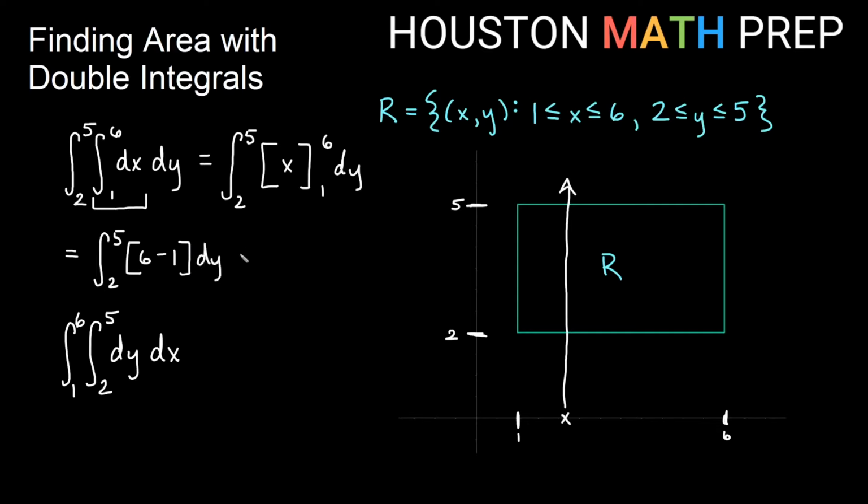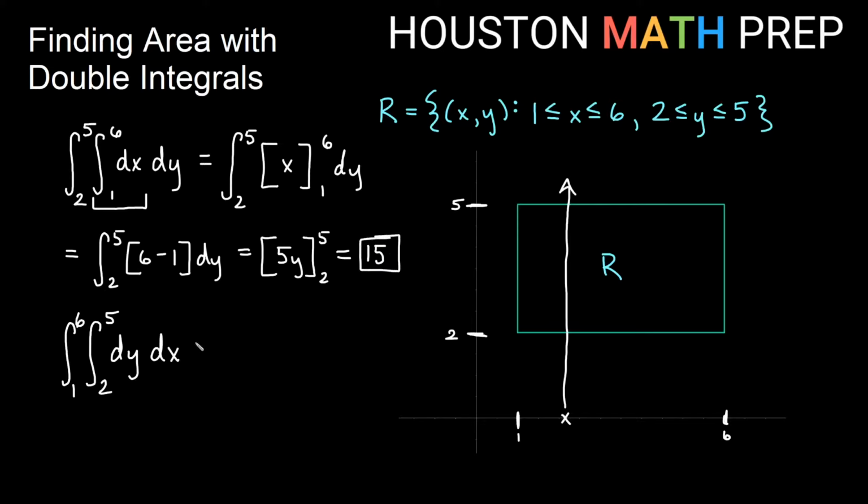Obviously, this is going to be 5, right? So if we integrate 5 dy, then we'll end up with 5y, and we'll plug in our bounds 2 to 5. And without doing too much work here, 5 times 5 would be 25 here, minus 2 times 5 would be 10, and then 25 minus 10, we would get 15 for an answer here, square units.